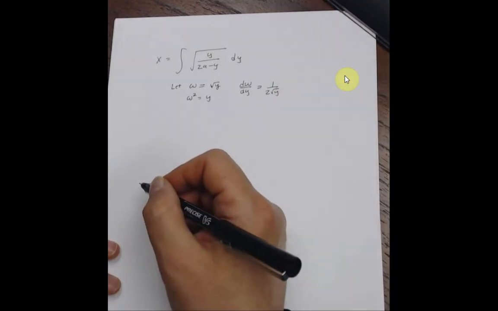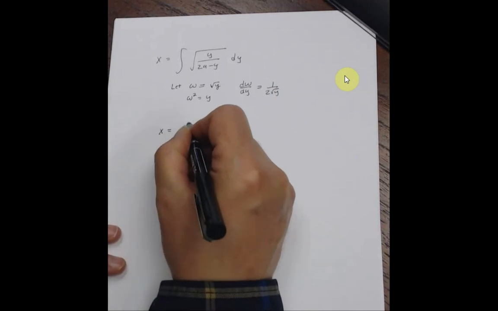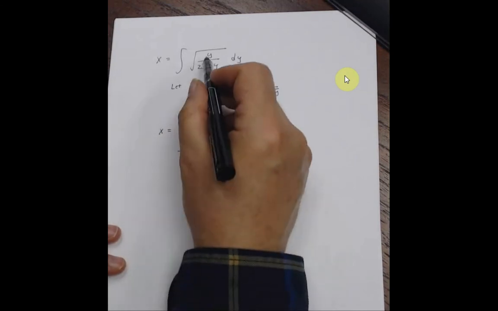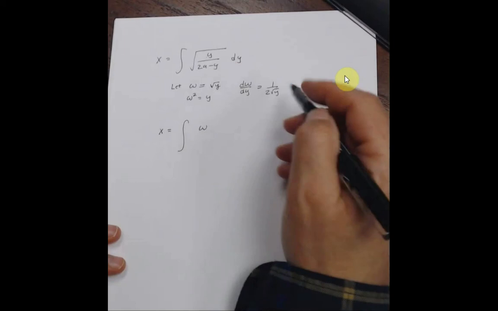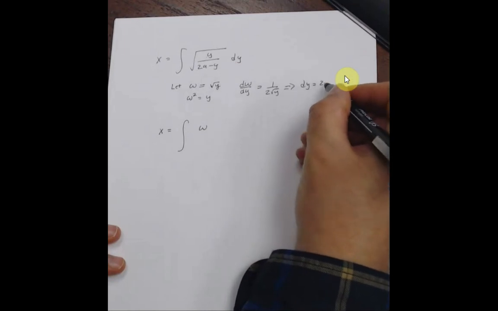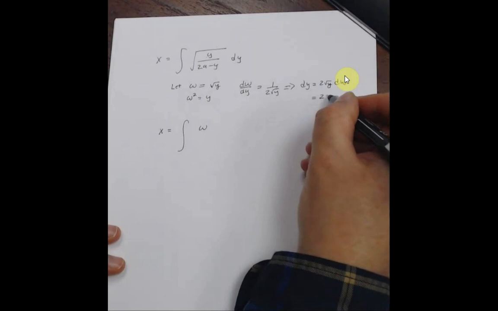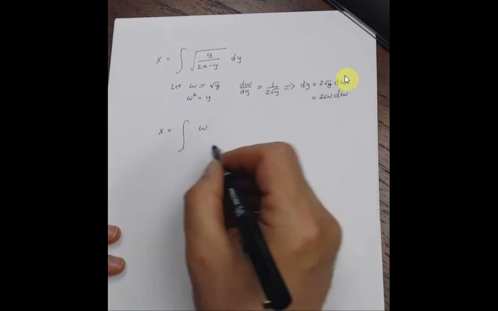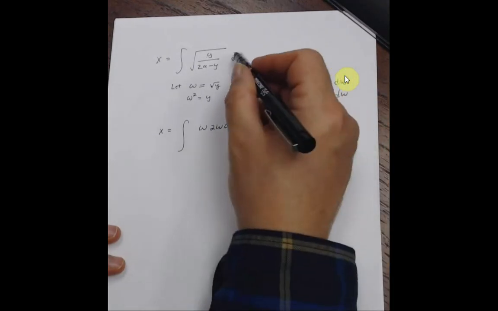Okay. So now when I make that change, I get x equals square root of y on top, that's a w, dy here, so this, by the way, implies that dy is 2 square root of y dw, which equals 2w dw. So I get a 2w dw up here for that.